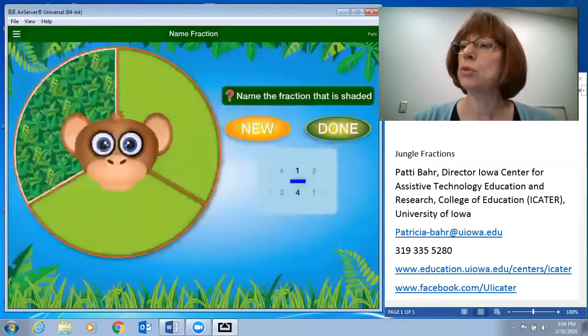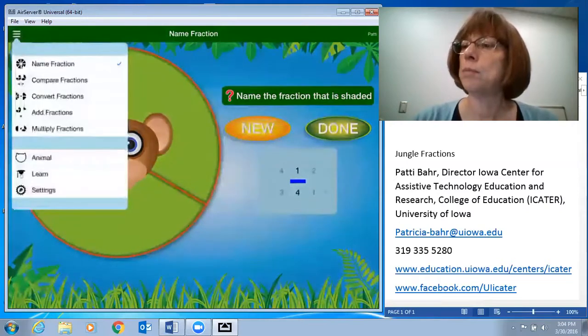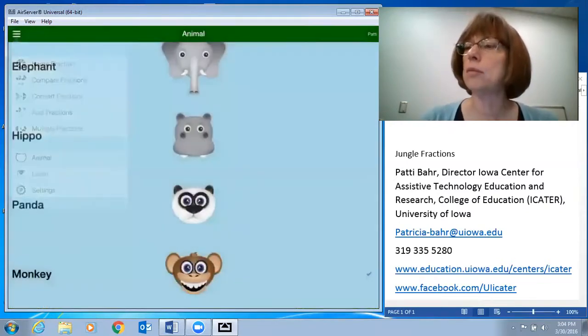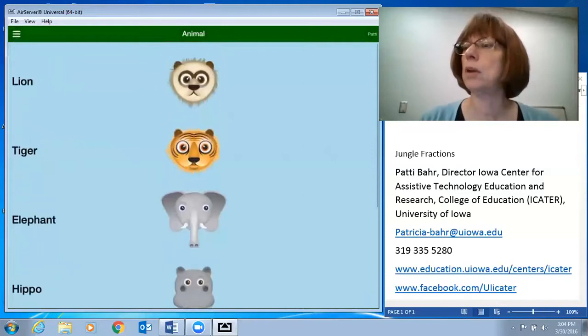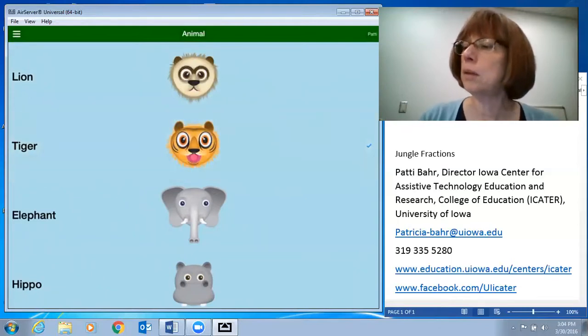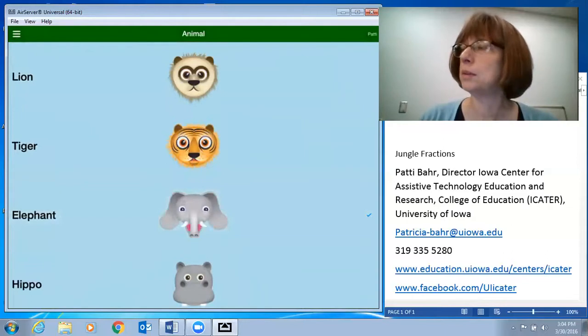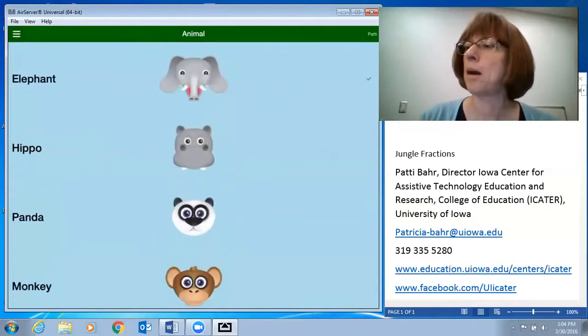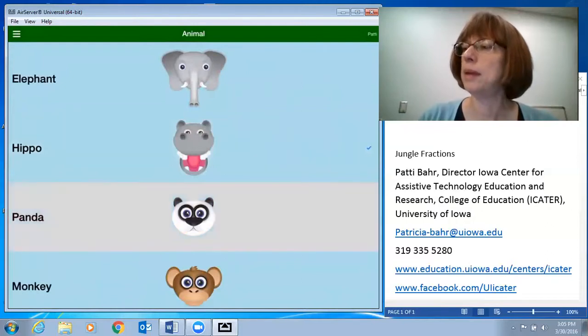You can also choose what animal you have. You can have a lion, or a tiger, an elephant, a hippo, a panda.